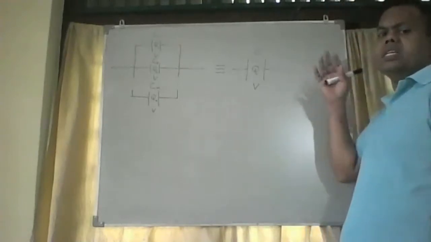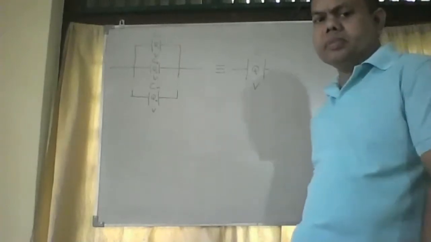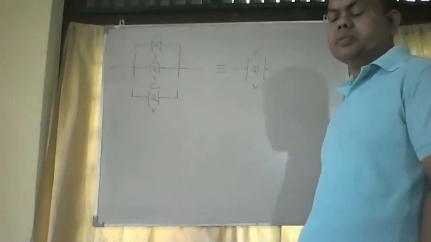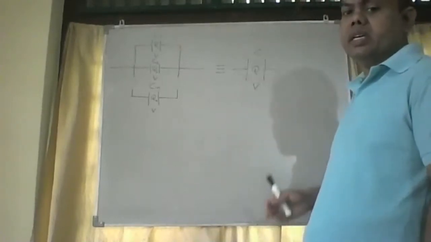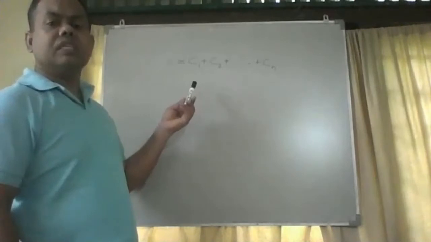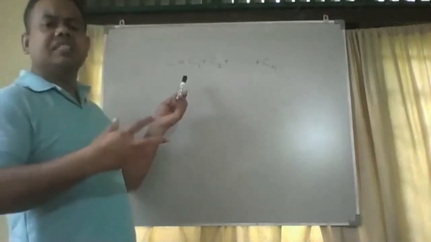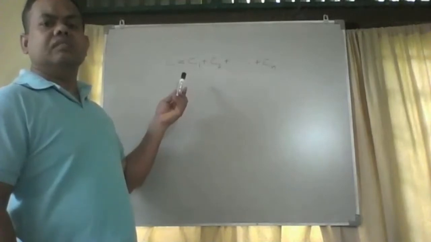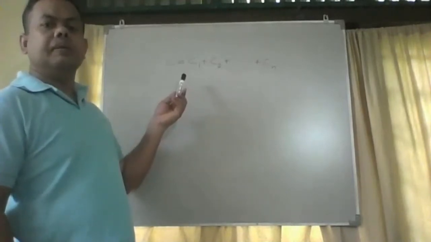For the equivalent capacitor, applying Q equals CV, we can write as follows. This relationship is analogous to the relationship for resistors when they are connected in series.